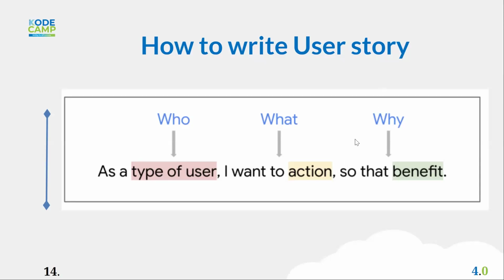The action here, what, is what he or she hopes to achieve, or what he or she hopes will happen. And the benefit is what he or she wants to happen. So if you want to write a user story, you first have to identify your user, the action, and their benefit.